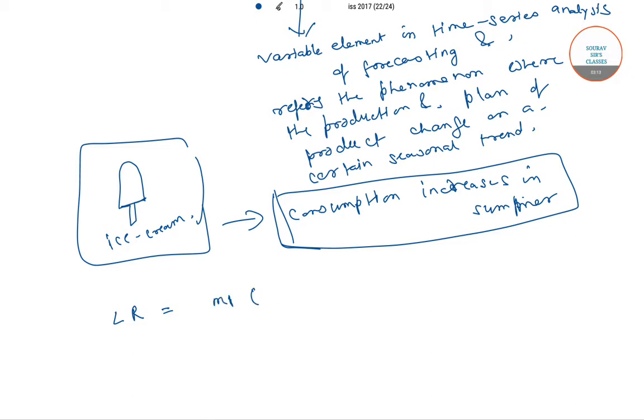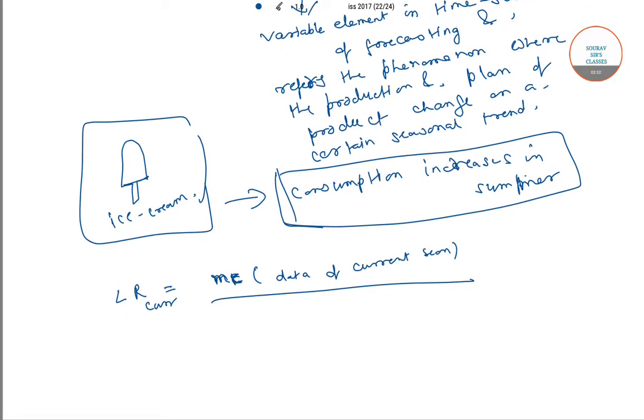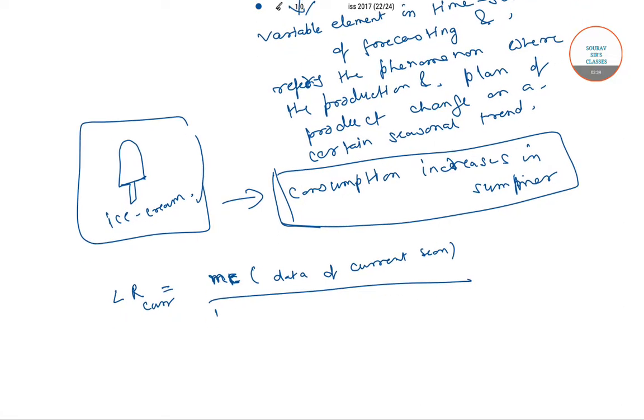So LR current is the data of the current season, let us denote it by MC, divided by the data of the previous season, that is MP, which is the data of the preceding period.